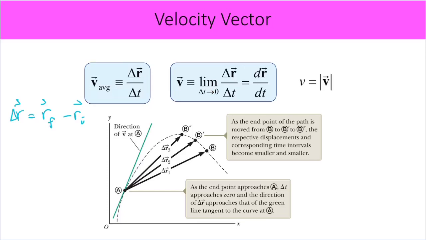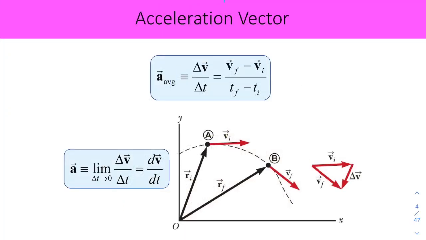That is the same meaning as the direction or magnitude of instantaneous velocity. Acceleration: average acceleration is how big the change in velocity is over the time taken to have that change. So v final minus v initial over t final minus t initial. If the movement is from point A to point B by taking this path, at point A the particle has r initial and v initial.